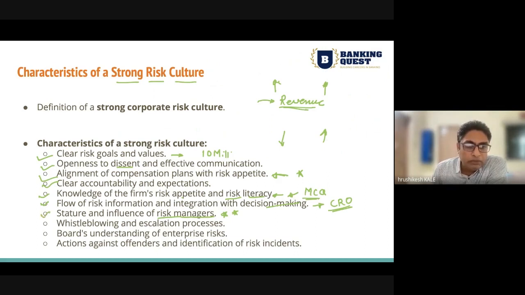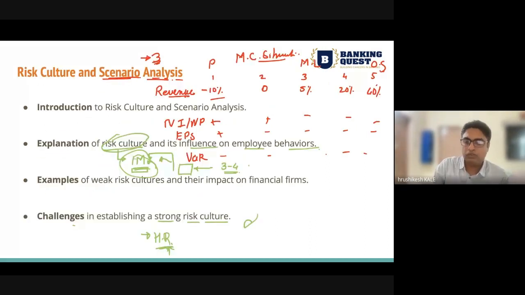Yes, many times, if someone is telling you something is going wrong in your company, before, people used to harass him, people used to hate him. Now, whistleblowing is encouraged, at least in a strong risk culture, wherein if you tell the company that these wrong things are happening, it is encouraged, and his name, if he wants, will be kept confidential, and decisions will be taken.